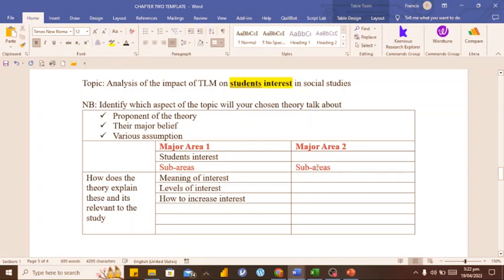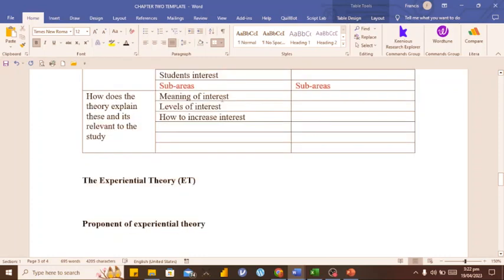So let's say, for example, the name of my theory is experiential theory. So here I will talk about the proponent of the experiential theory, who brought about it, discuss about it. Then from there, I will come and discuss the main assumptions of the experiential theory. Then from there, I will come to my sub-area, meaning of what? Interest.